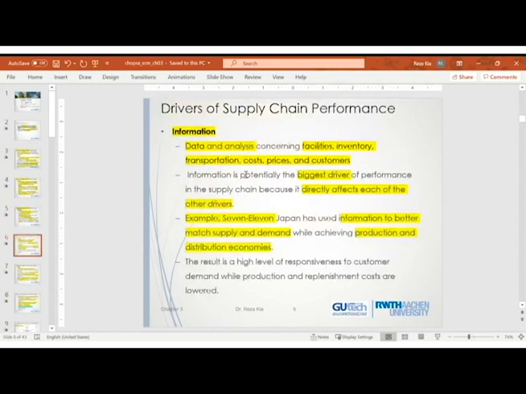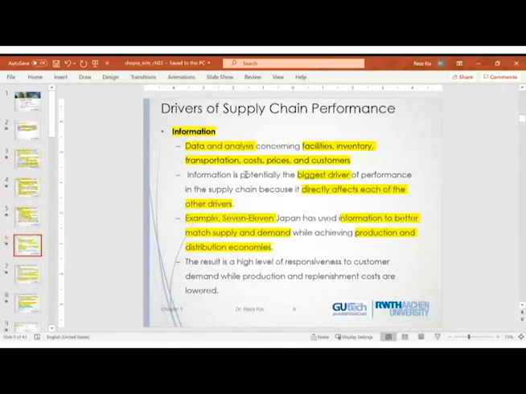The other driver is information, the data which is shared between facilities. And this data will include the inventory level, the transportation, the cost, the prices, the customer demand. All this data and the analytic tools that you are using for making decisions in your supply chain will go to this driver.